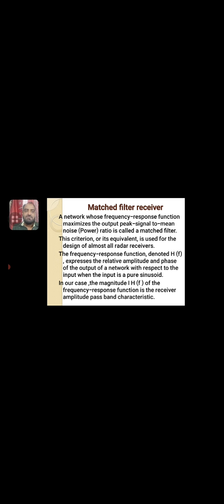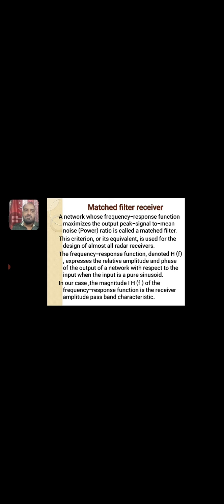The frequency response function of the matched filter, denoted by H(f), expresses the relative amplitude and phase of the output of a network with respect to the input when the input is a pure sinusoid. This is a standard function. H(f) is the frequency response of a filter, which gives the amplitude and phase of the output when appropriate input is applied.